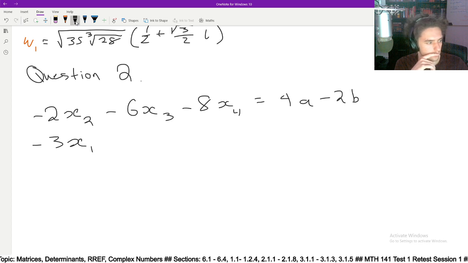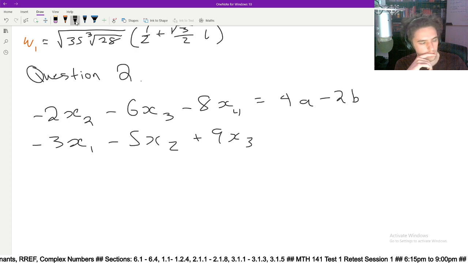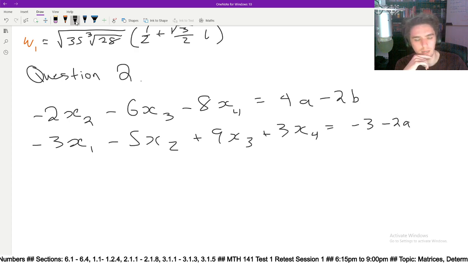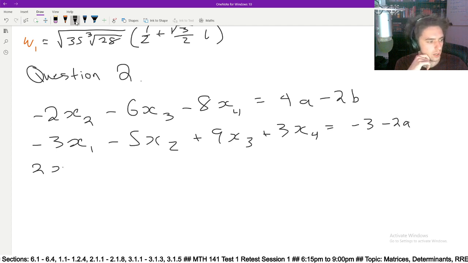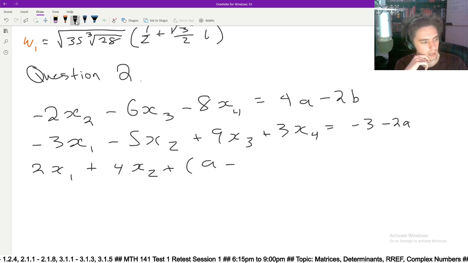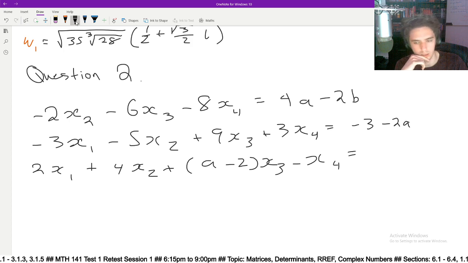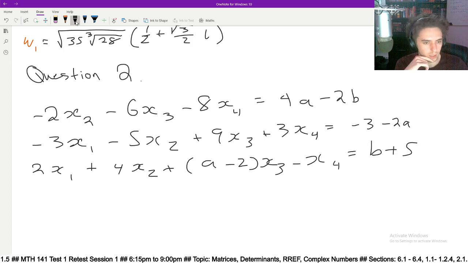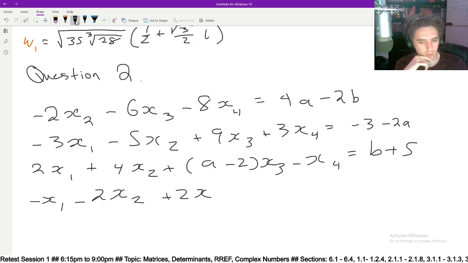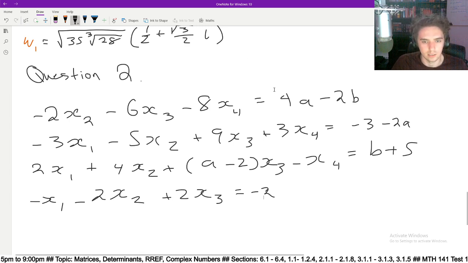Minus 3x1 minus 5x2 plus 9x3 plus 3x4 equals negative 3 minus 2a, and then 2x1 plus 4x2 plus (a minus 2)x3 minus x4 equals b plus 5. One more line, negative x1 minus 2x2 plus 2x3 equals negative 2. There you go. Okay, so that's our system.